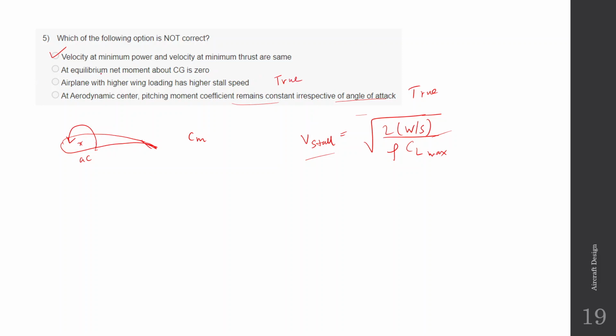Now the second option, at equilibrium, net moment about CG is zero. So this is of course true.